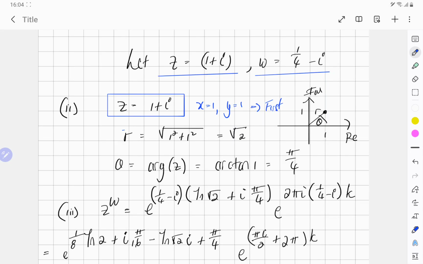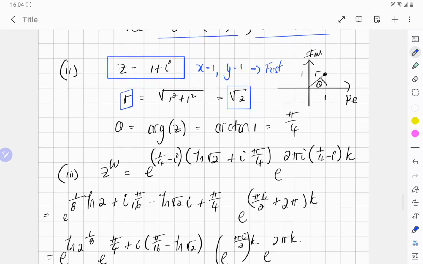Because x is positive, y is positive, we are working in the first quadrant. So just to go over this quickly, the modulus will be root 2. You can just check that for yourself. The argument is arctan of 1 over 1, which is pi over 4, from our special triangle.